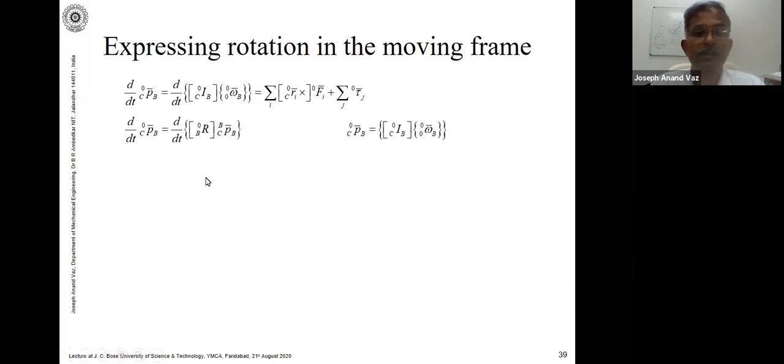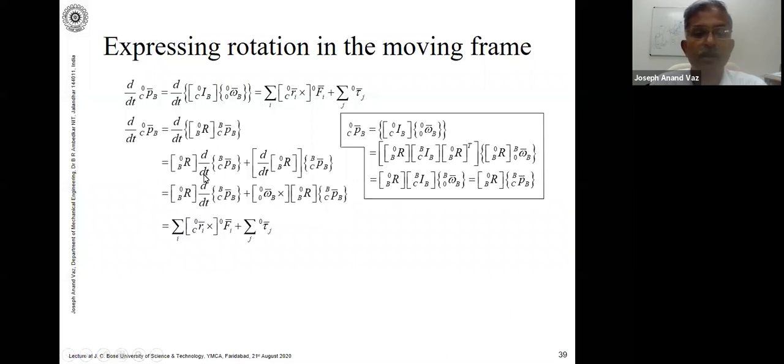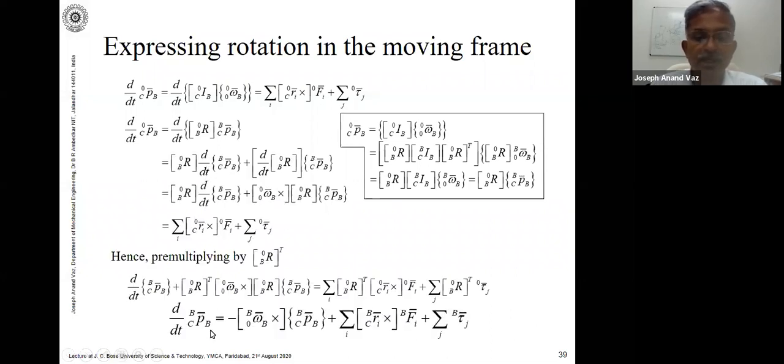I'm not going into the mathematics of this right now due to shortage of time, but you can see that the rate of change of the angular momentum of the body about its center of mass, when it is expressed in the body frame B, which is moving, is equal to minus omega cross the angular momentum, plus the resultant of the moments expressed in the moving frame, plus the resultant of the external torques expressed in the moving frame. All these quantities are expressed in the moving frame.